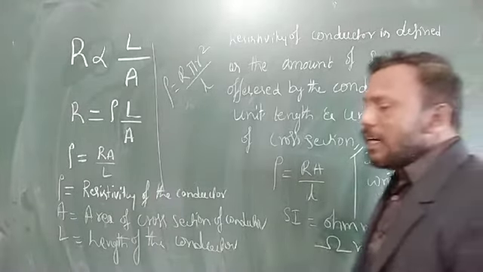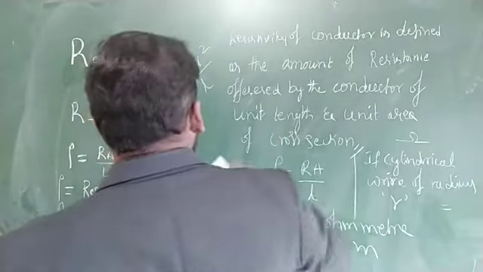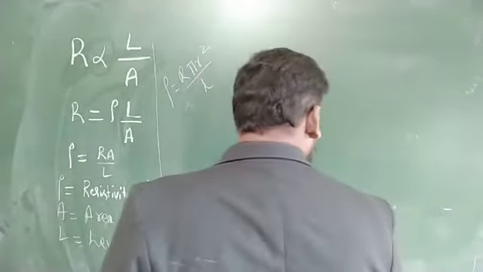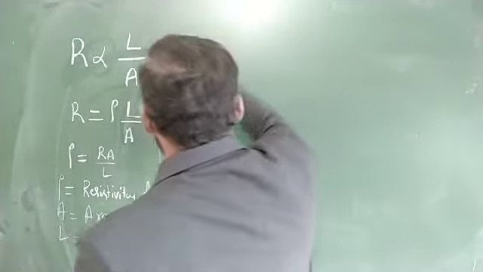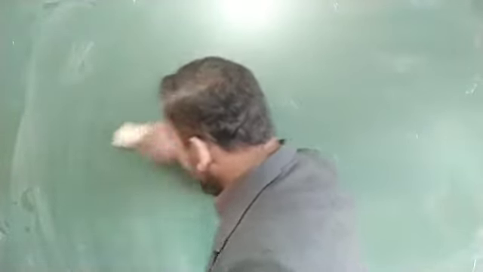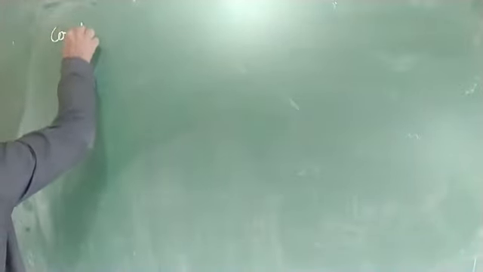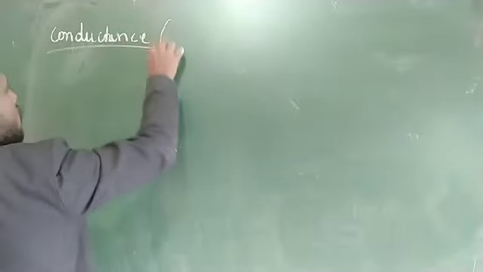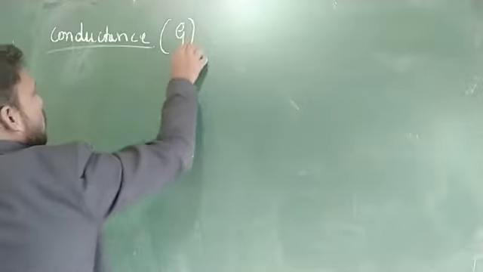Next is conductance. The reciprocal of resistance is called conductance. It is denoted by the symbol capital G. Capital G indicates the conductance of the conductor.